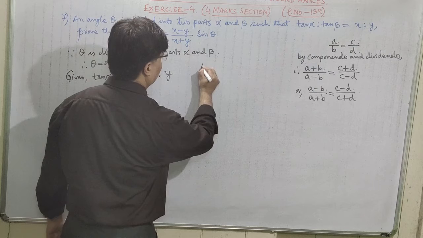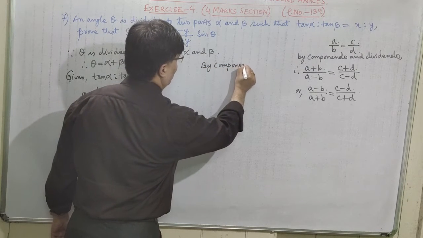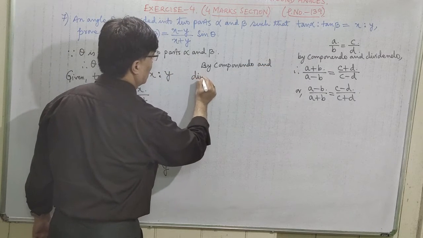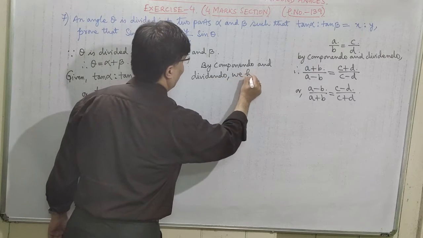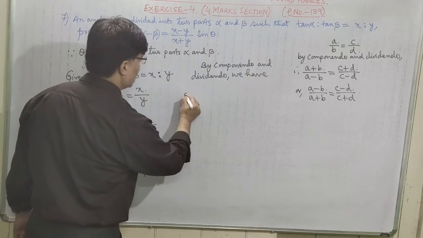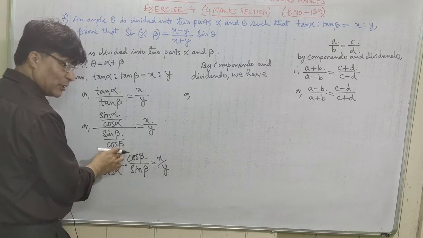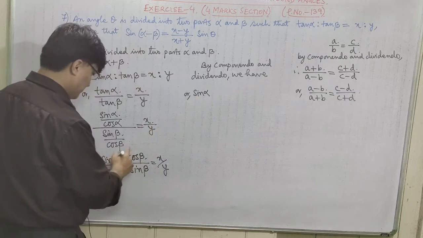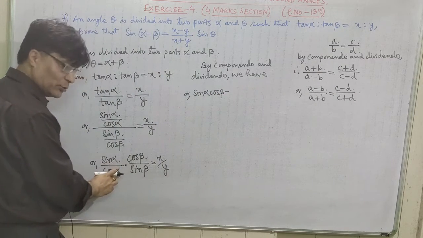So let us write here, by componendo and dividendo, we have, so let us use componendo and dividendo here. So now let us write down minus sign in the numerator. So this left hand side becomes numerator minus denominator, that is sine alpha cos beta minus, what is the denominator?